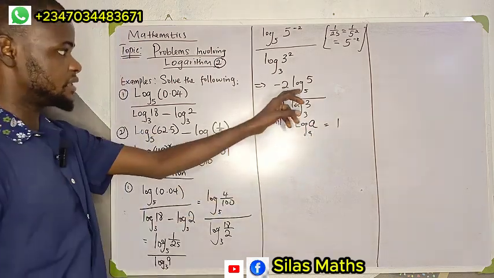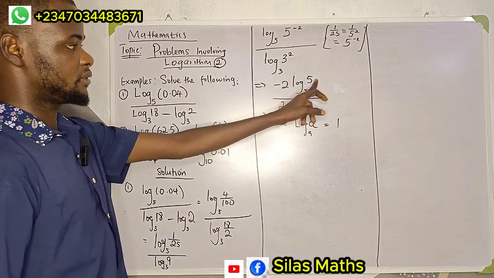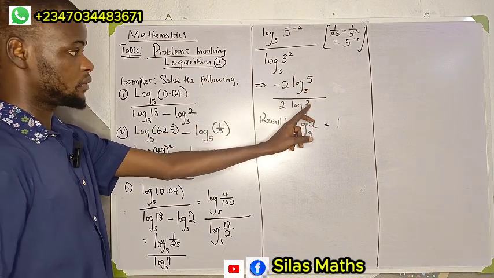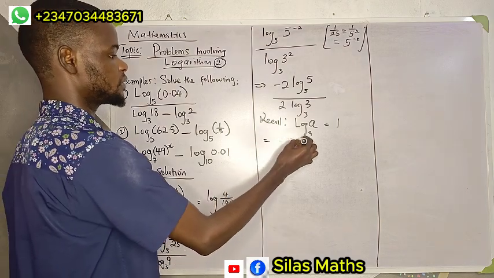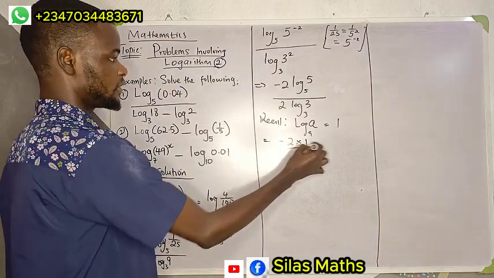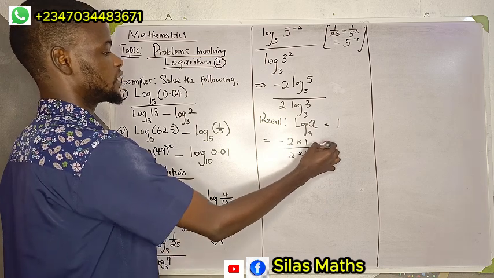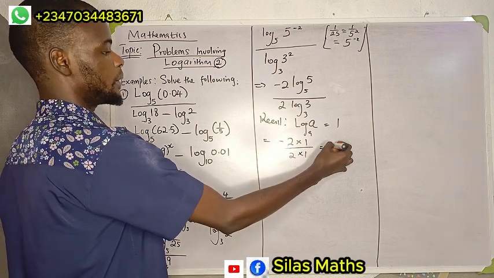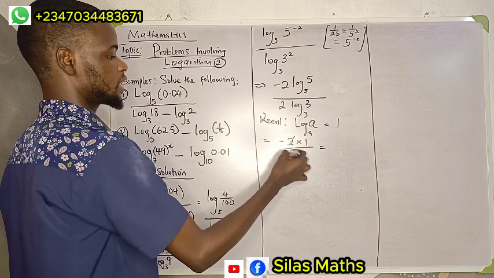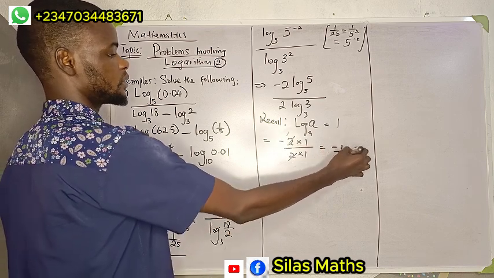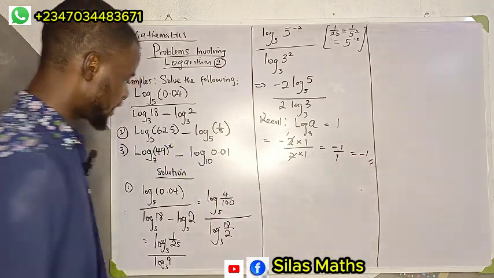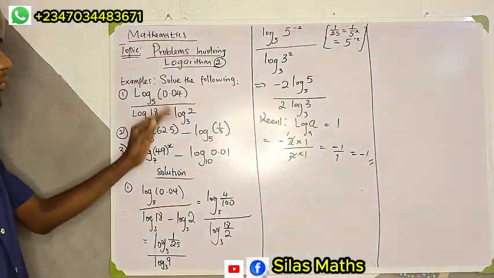So log 5 base 5 is equal to 1, while log 3 base 3 will give us 1. So that will give us minus 2 times 1 all over 2 times 1. This cancels out, so we have minus 1 over 1, equal to minus 1. So that's the answer to number 1.